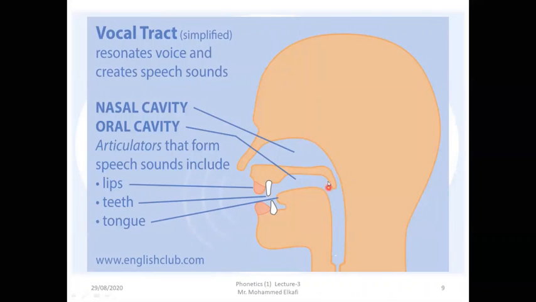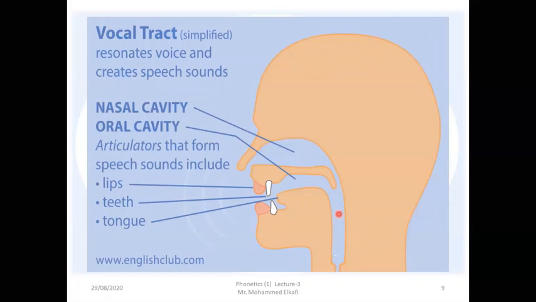Here you can see the nasal cavity and the oral cavity. So the air will come out freely through the mouth. For the consonant, we said, the nose or the nasal cavity is also used.